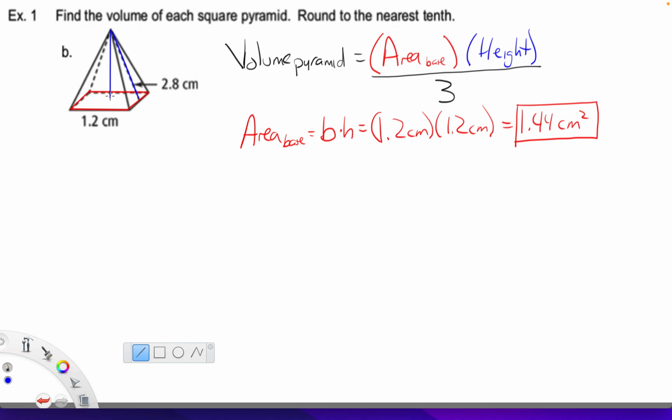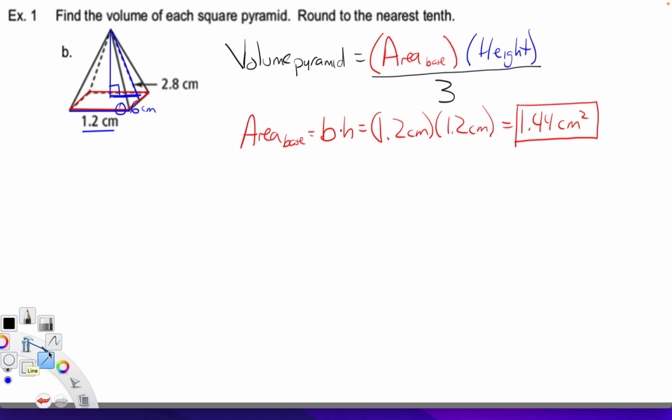And if I draw the line between them like this, that makes a right triangle. If this entire side from here to here is 1.2 centimeters, then I want half of that. So from here to here, that would be 0.6 centimeters.